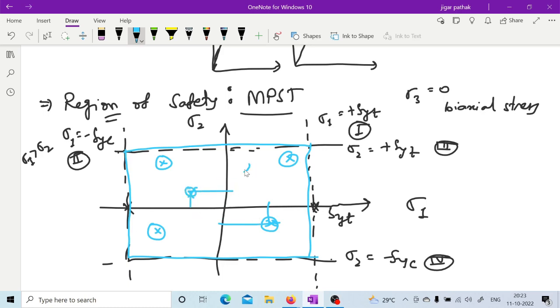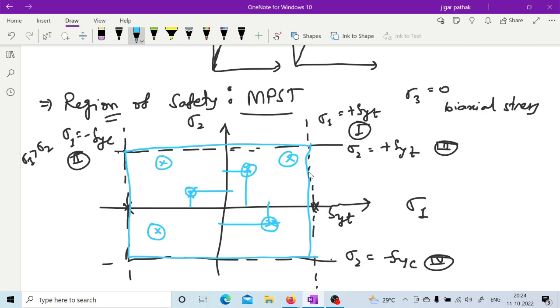Are you getting what I'm trying to say? Anywhere in this envelope it is not going to fail. In this region, both sigma 1 and sigma 2 are less than their ultimate strength. Then only it will not fail. Otherwise, it will fail, right?